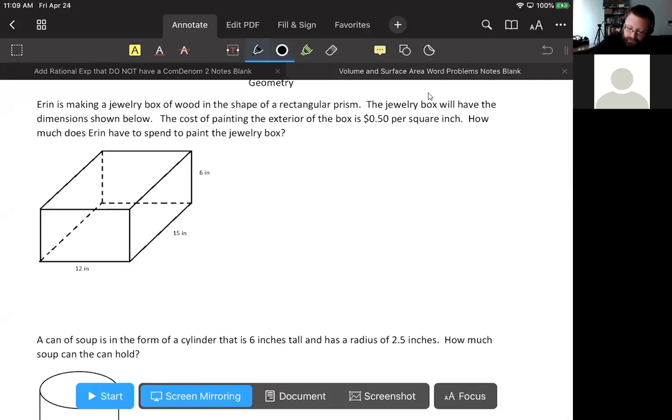With any rectangular prism, well, first of all, we need to decide if we are painting the exterior of the box, that would imply that this is a surface area problem.